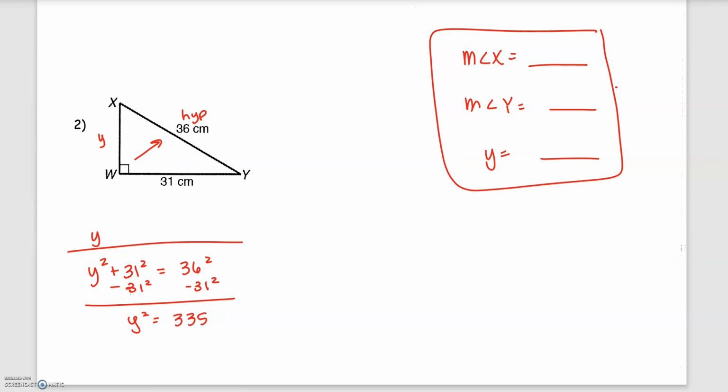And you can type this straight into your calculator, 36 squared, or you can simplify it and make it 1,296, and then make the 31 squared your 961 if you want to do that. And then square root 335, which is going to give you your answer of 18.3. So 18.3 is going to go there.